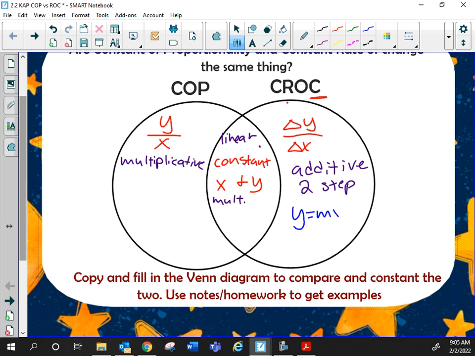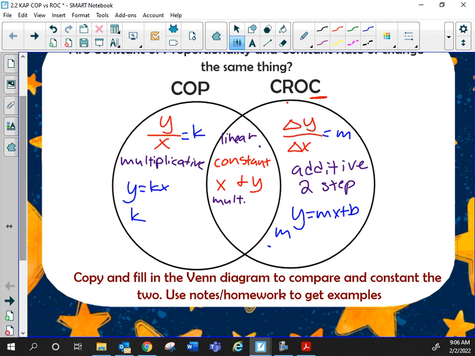Y equals MX plus B versus COP would just be, very good, Y equals KX. We use K for the constant of proportionality, and we use M for the rate of change. Okay? You could honestly put this is equal to K and this is equal to K if you want definitions.